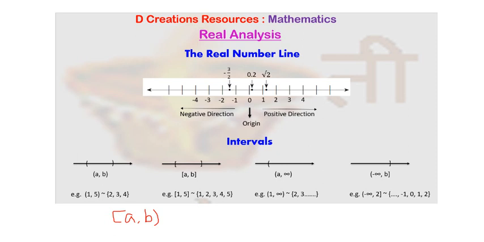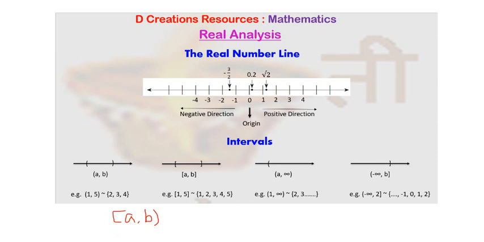Of course, there would be a corresponding half open interval where, instead of this particular square bracket, you have a round bracket here and a square bracket here. So when you say round bracket 1 comma 5 square bracket, that means 1, 2, 3, 4, and of course all the real numbers are going to be included.